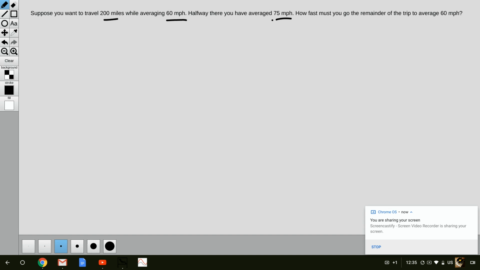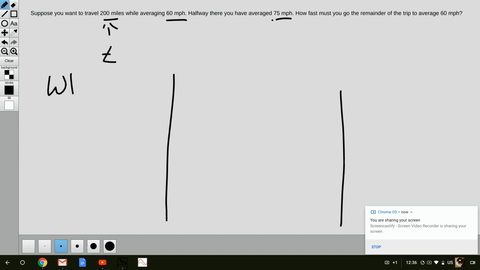So what you've got to look at here is that in order to average 60 miles per hour, we have to go that 200 miles in a certain amount of time, right? And so the first thing we need to do is figure out what that time is. Now, what I like to do is draw a nice barrier here. And so then I label this first part the whole trip.